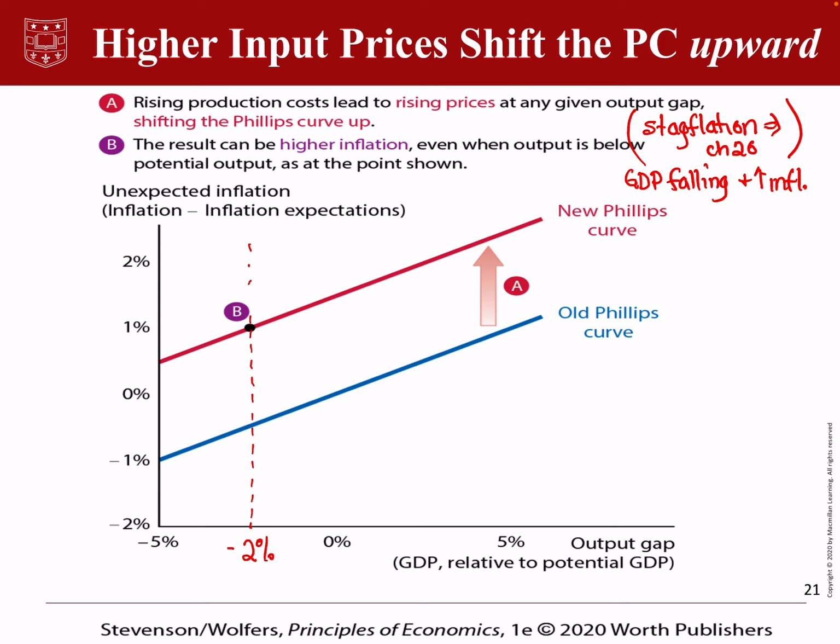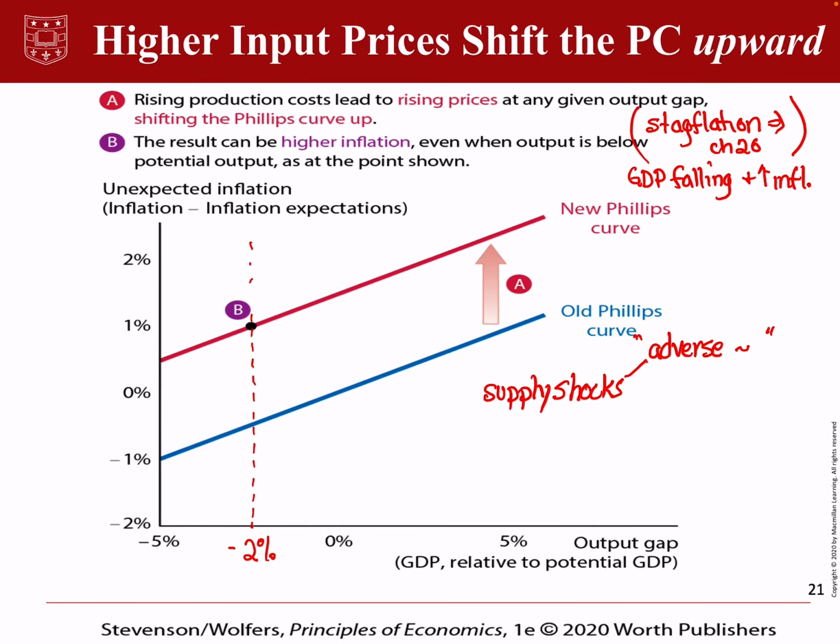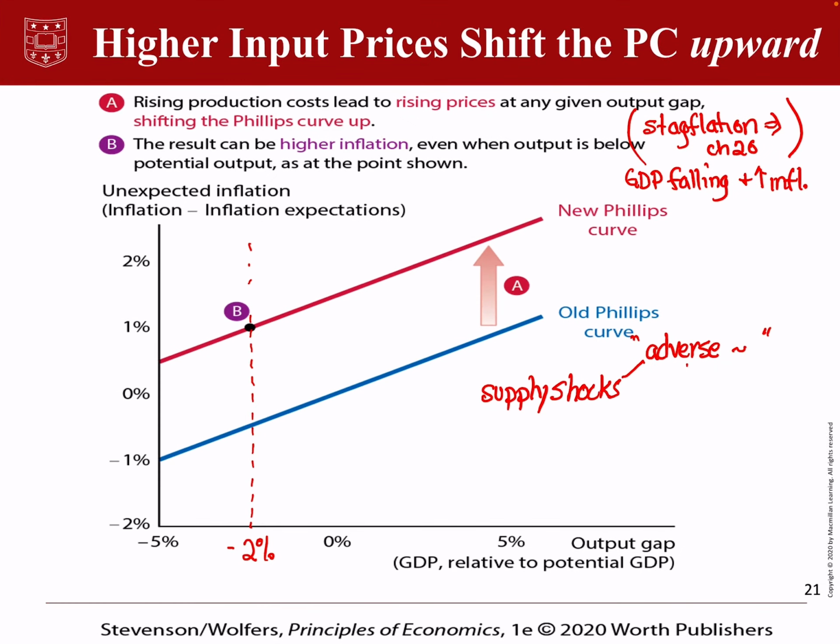So let me also use some more econ lingo. When we talk about supply shocks, we think of them as being adverse supply shocks, is the way that we describe this. So adverse supply shocks, that would be one in which we have an escalation of costs facing firms, and graphically we would be depicting it as we are now with the Phillips curve shifting up.